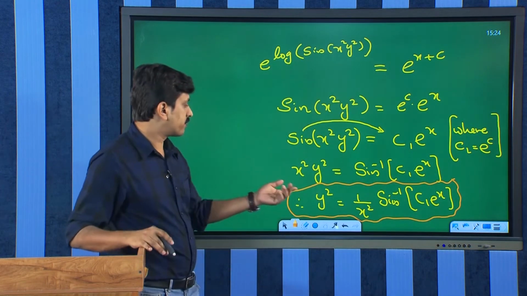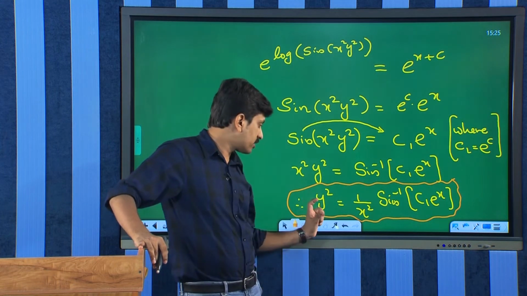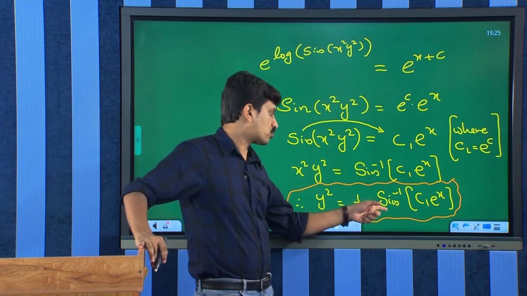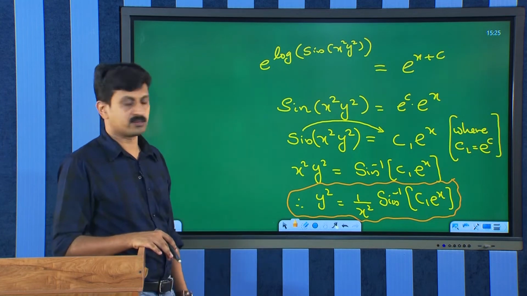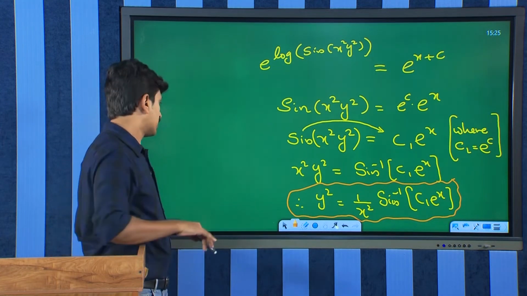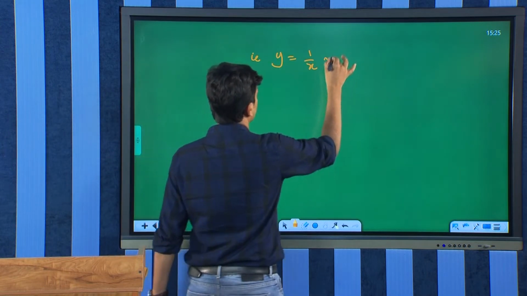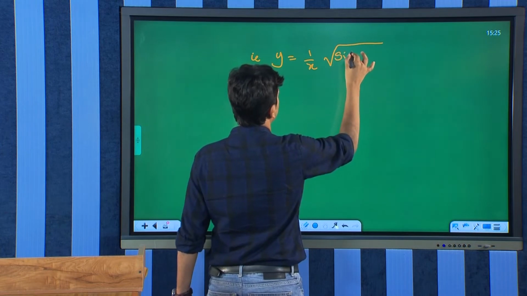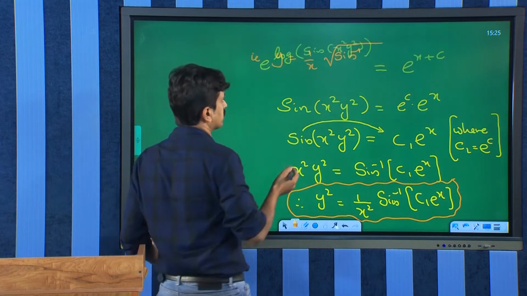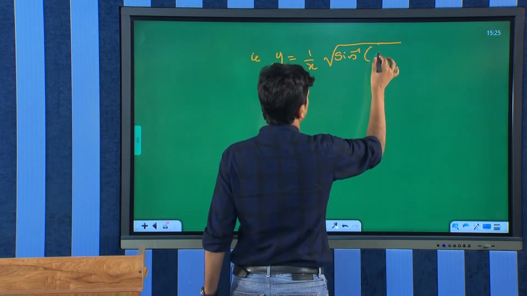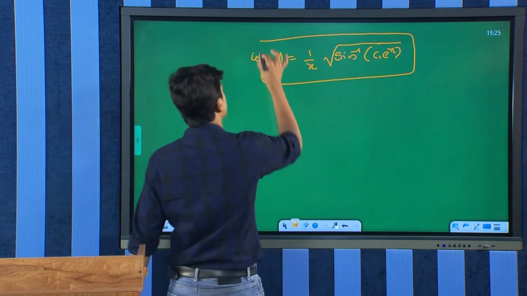Maybe we can also write this as y is equal to 1 by x into square root of sine inverse of c1 e raised to x. This may be the solution. Okay, fine, this is the general solution.